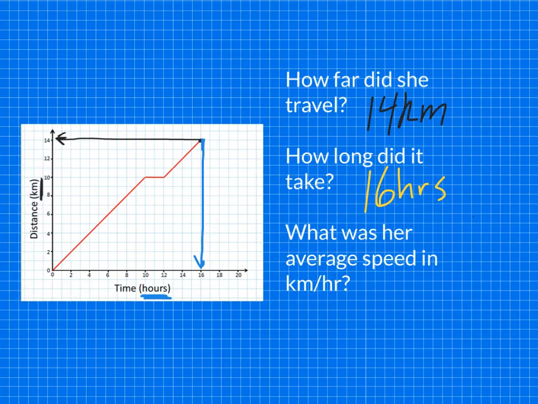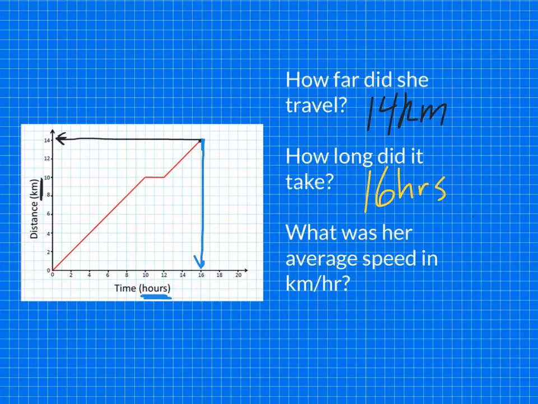So what average does is it takes all of the speeds and combines them, just like the average for your grade. If you had an A, a B, and a C, you average them together, you probably end up having a B.